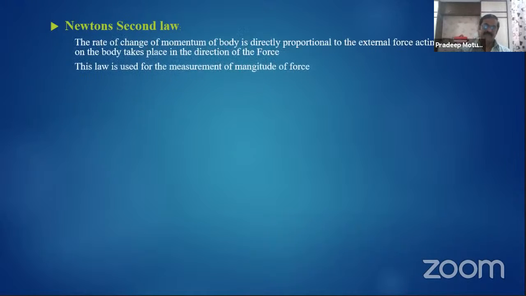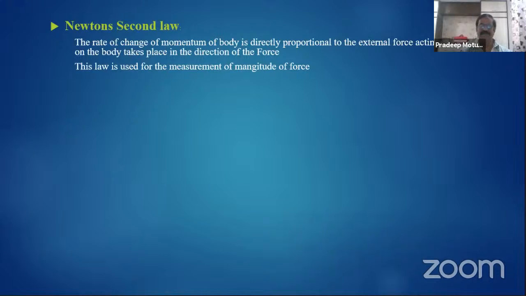What is Newton's second law? The rate of change of momentum of a body is directly proportional to the external force acting on the body, and takes place in the direction of the force. Or simply you can say the rate of change of momentum is directly proportional to the force acting on it.